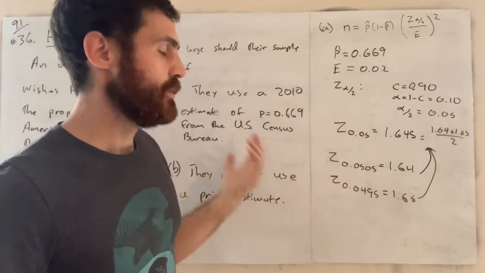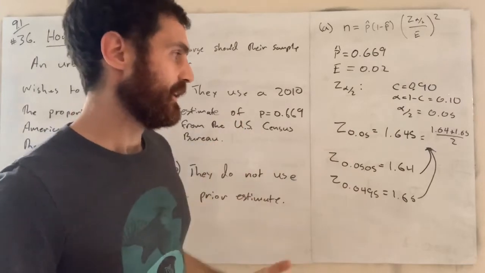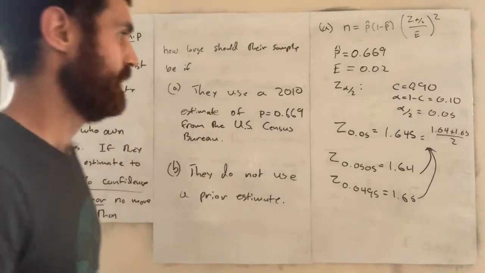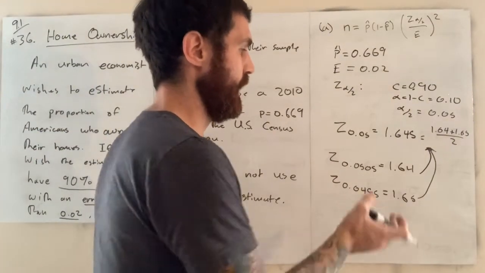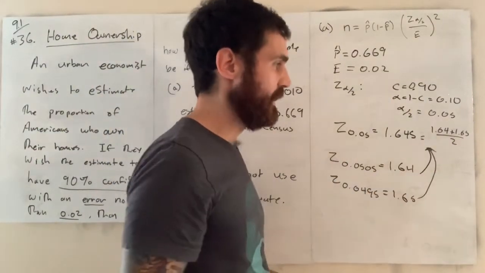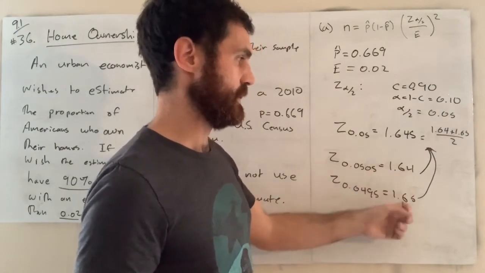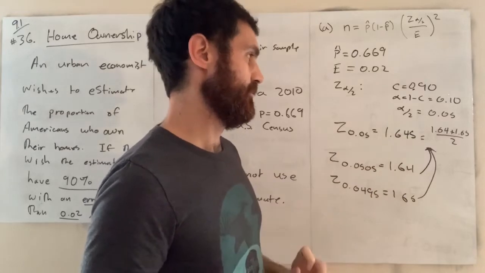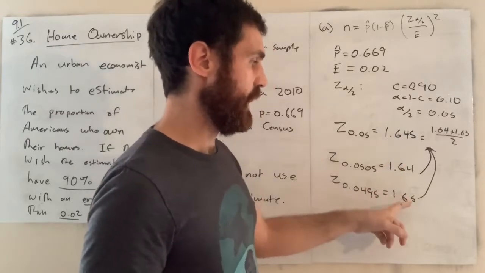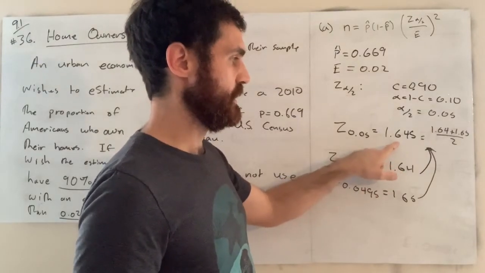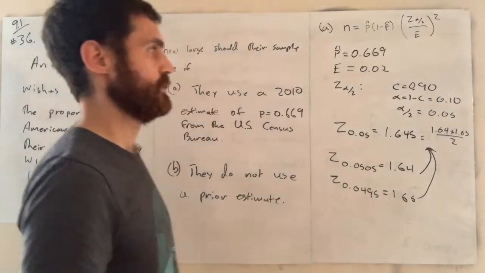I'll tell you what you can do in a second to make sure that it's completely okay. But either one of these would be fine if you're working through this problem and you get a little bit of a rounding error because you're using these estimates instead of this one. But when the book computes the answer, if you're comparing it, they're going to be using this because they're taking the average of these two.